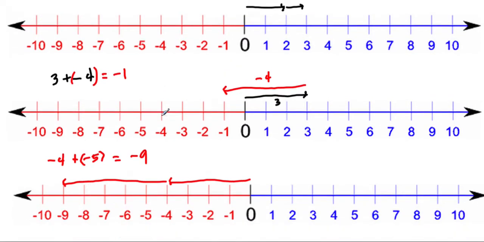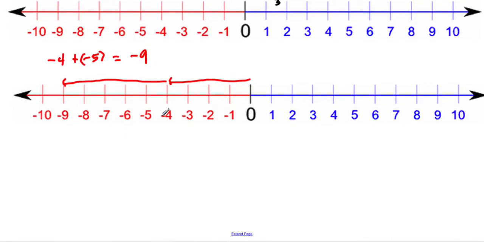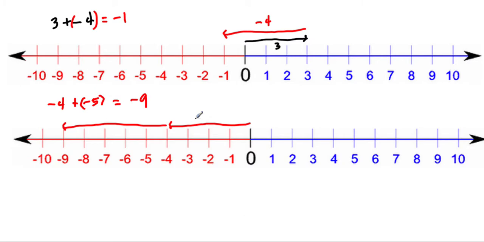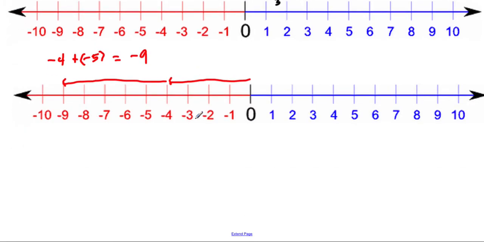So if you notice, when you are adding and subtracting integers, you can use a number line to do this. But did you also notice that when you add two positive integers, you basically add the integers and keep the sign of positive.